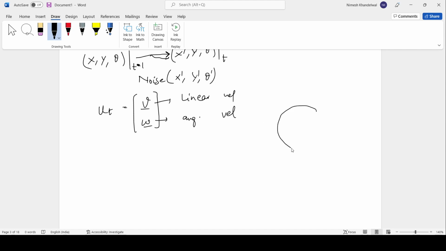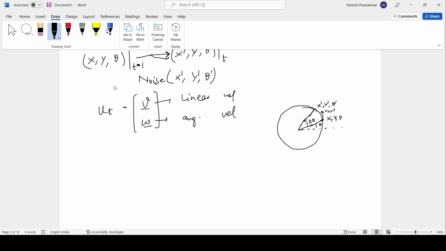For a 2D robot, for a very small rotation, let us say that this was already at an angle theta, and we move it from this x, y, and theta to this x prime, y prime, and theta prime. Let us call this delta theta. And I say that the only input to the system was v and omega.